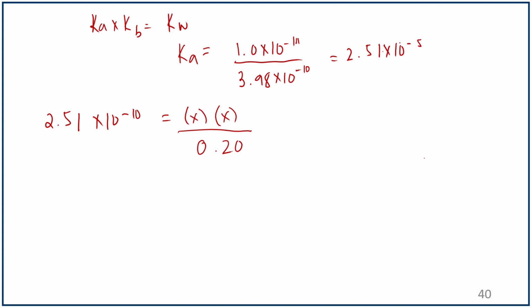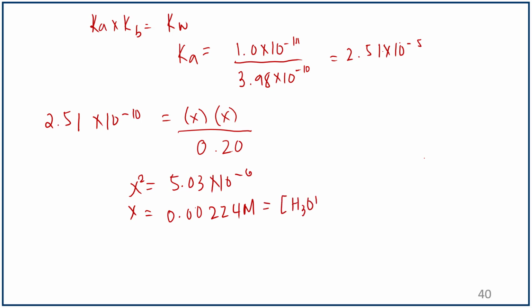If we solve for this, we get a value of 5.03 times 10 to the negative 6. That's x squared, by the way, if we simplify this. And then solving for x, we get 0.00224 molar, which, remember, is equal to the concentration of hydronium ions and also equal to the concentration of the azide ions.